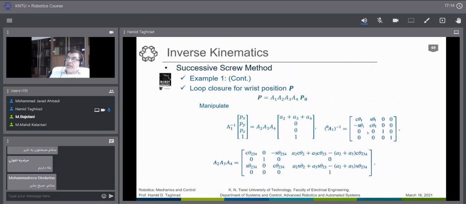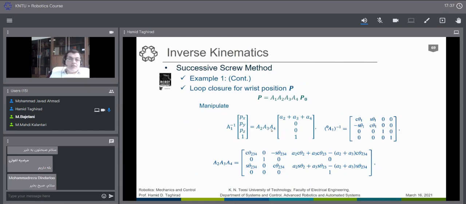The rotation matrix is the transposition, and the position part is 0. Here it is very easy to find A1 inverse. So we multiply this to Px, Py, Pz, the left-hand side, keep it in mind. And then we have this part, which is a bit difficult to manipulate.